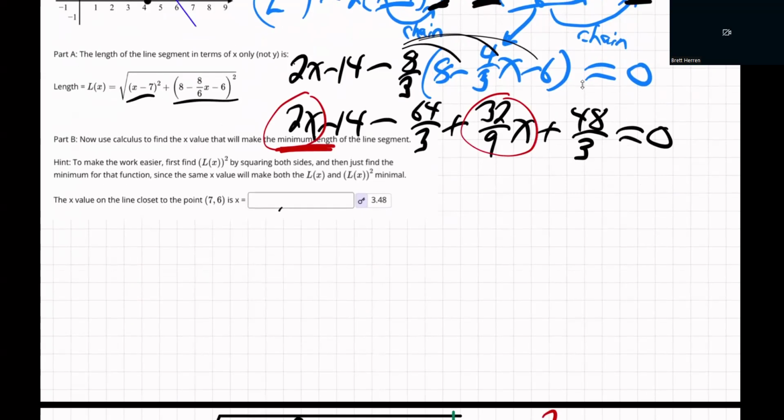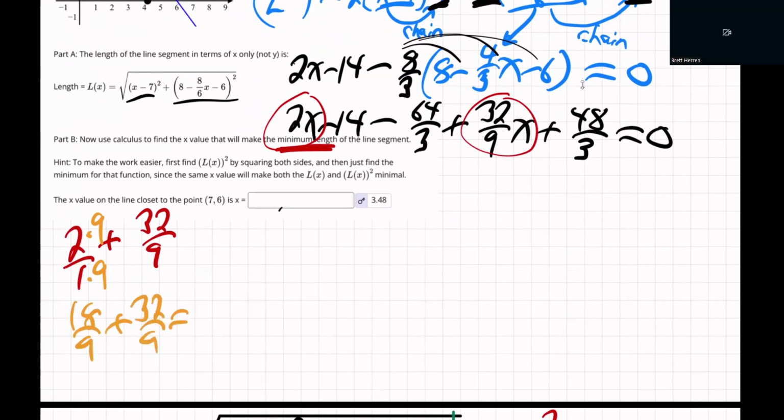You can do it by hand. I'll show it over here. 2 plus 32 ninths. This is 2 over 1, right? You have to get a common denominator, multiply top and bottom by 9. 18 ninths plus 32 ninths. What's that? 50 over 9. So that'll make it 50 over 9 x. You can do it in decimals if you need to.